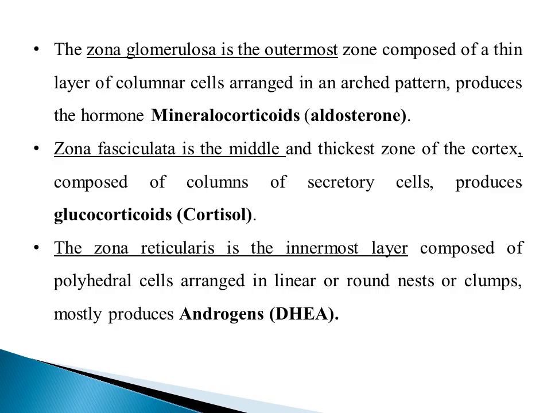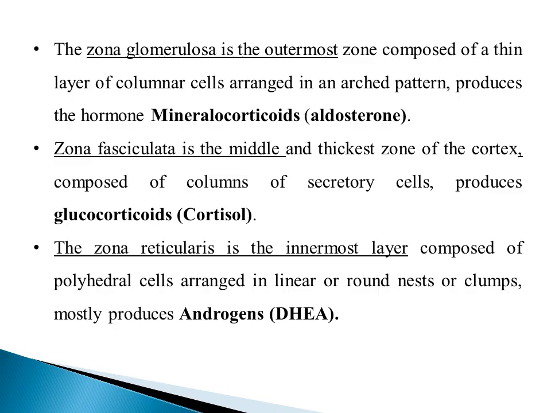It is the thickest zone of the adrenal cortex, which is composed of columns of secretory cells. They produce the hormones called glucocorticoids, otherwise called cortisols. They play a key role in the stress response. That is, they affect glucose metabolism as well as the immune response.